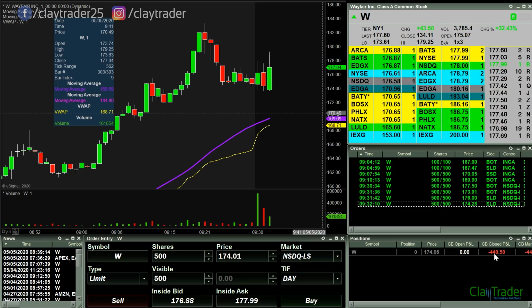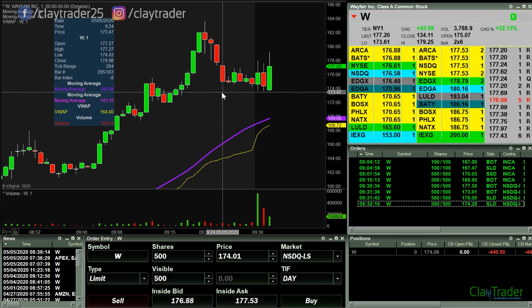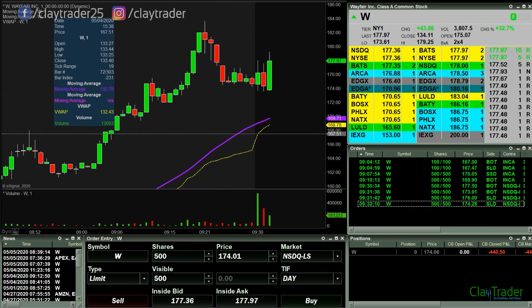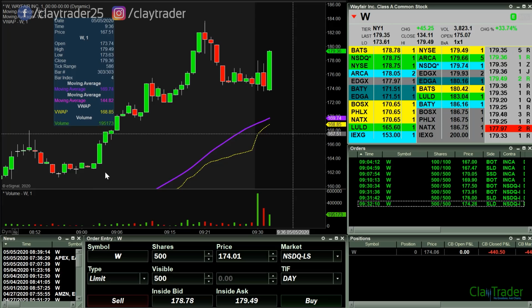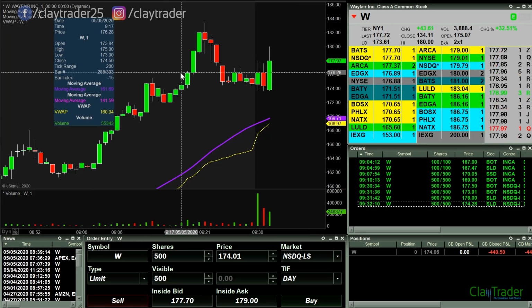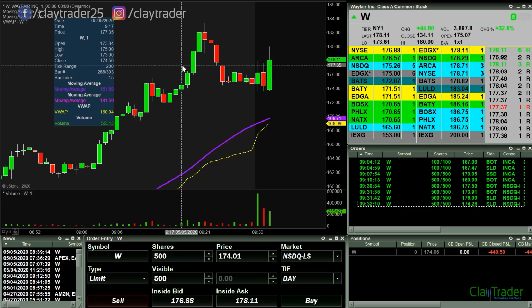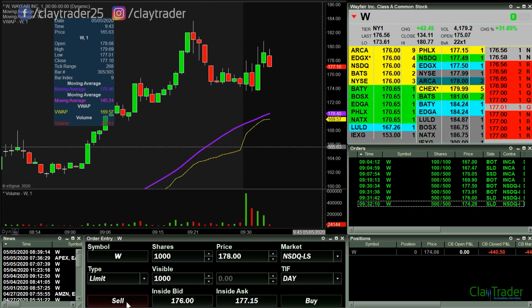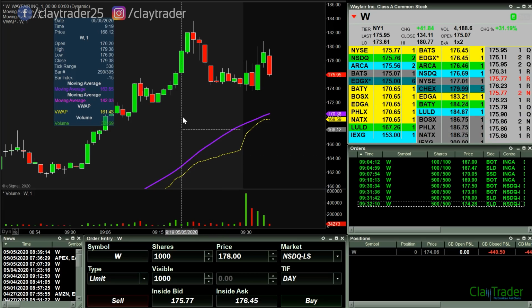Like I said, going to keep a close eye on it, especially if it works its way down to that 173.50-ish area. But I just couldn't risk it there, seeing how crazy that spread was, and even now, just all over the place. So let's see what else I can find. And I'm just too slow on this one.